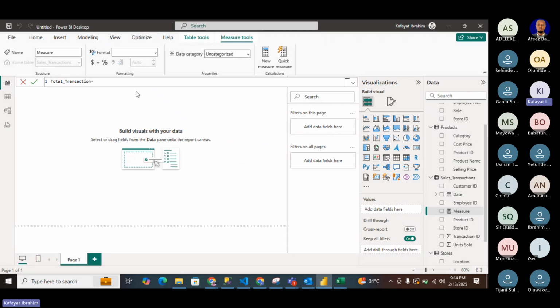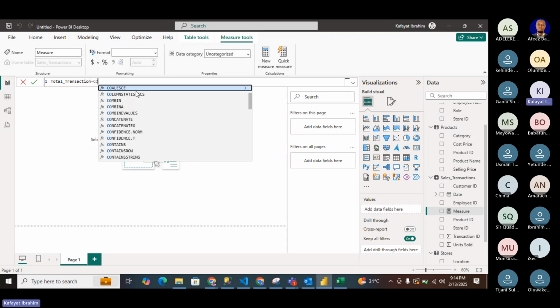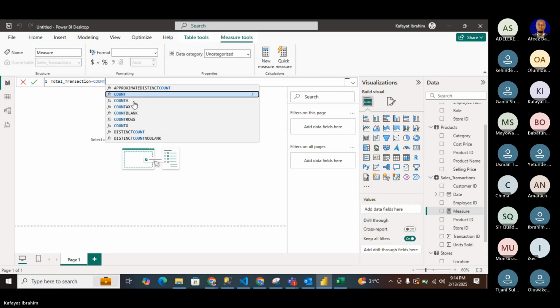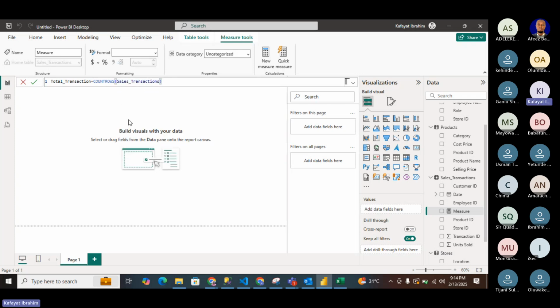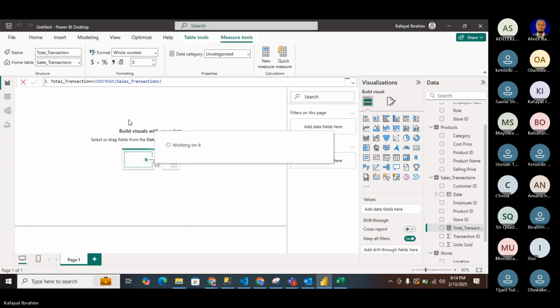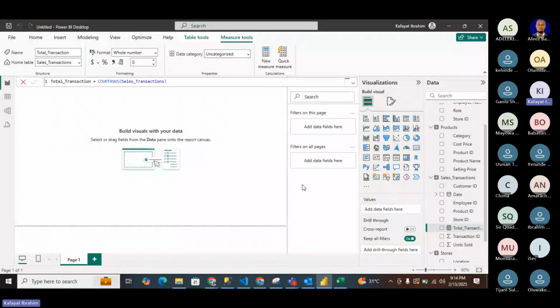Is equals to count rows of what? What is the table? Sales transaction. So I think this is good. This is it now. So from here now, please, can we come up with some of the insights we can generate from here?